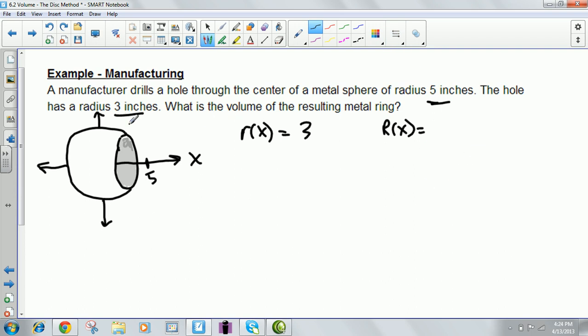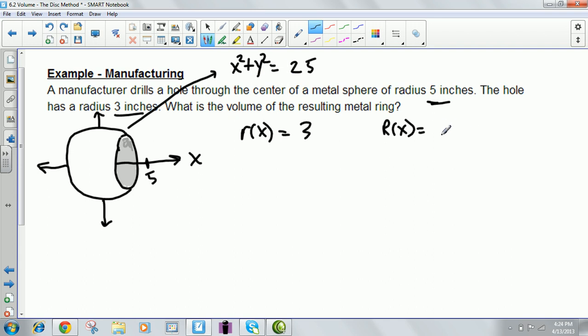And then your big one is basically you have a circle. And the equation of this circle is x squared plus y squared is equal to r squared. And in this case, your r is 5, so it's going to be 25. Now, your equation for your radius is going to be solved for y here, since we're spinning around the x-axis.